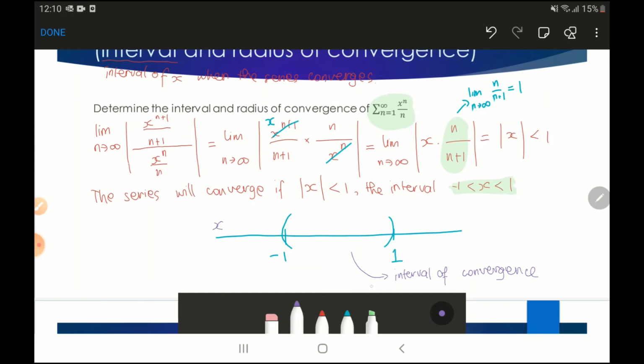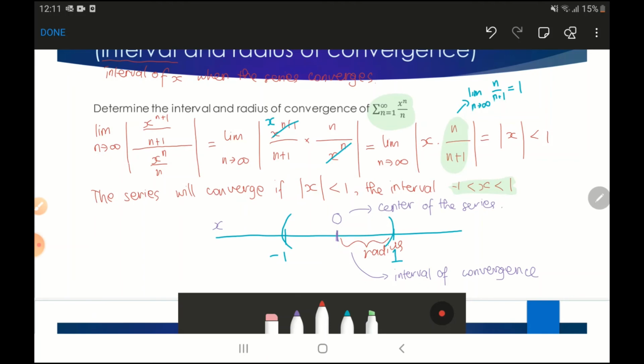In the interval of convergence, the radius of convergence follows the same logic as a circle. You can see the middle point from -1 to 1 is actually 0. So 0 is the center of the series. So the radius is here.